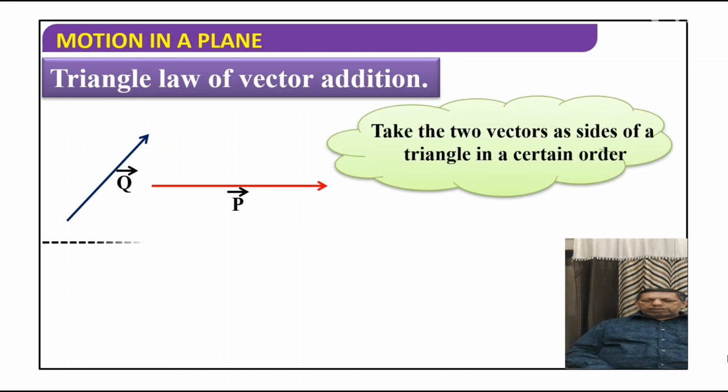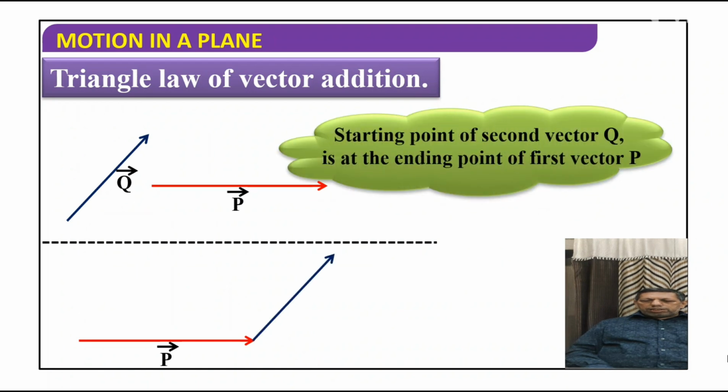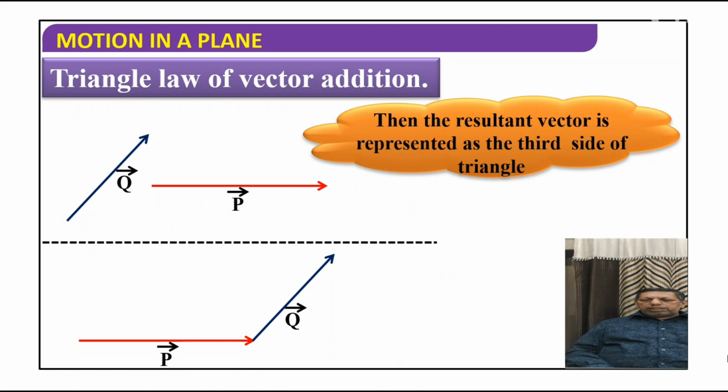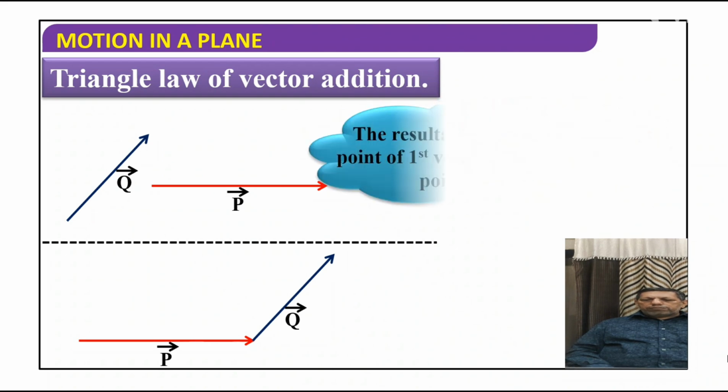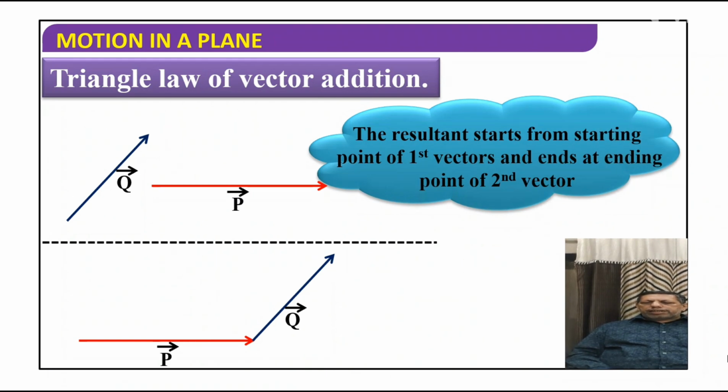This is vector P. The starting point of the second vector Q is the ending point of the first vector P. Then the resultant vector is represented as the third side of the triangle. The resultant starts from the starting point of the first vector and ends at the ending point of the second vector.